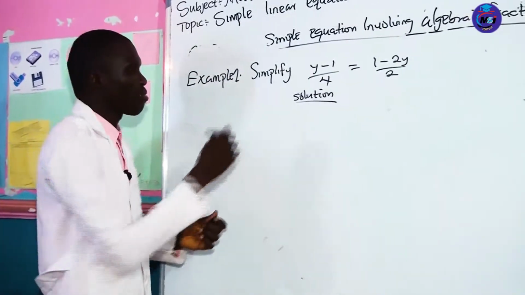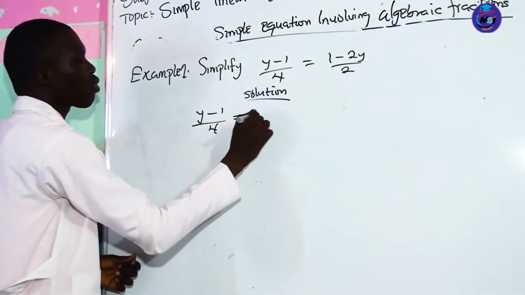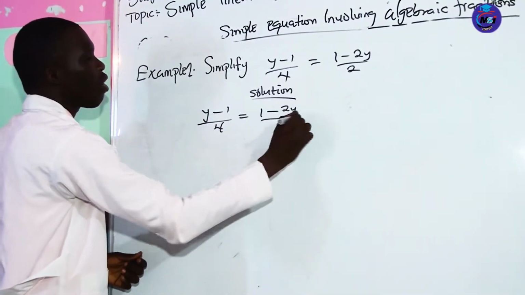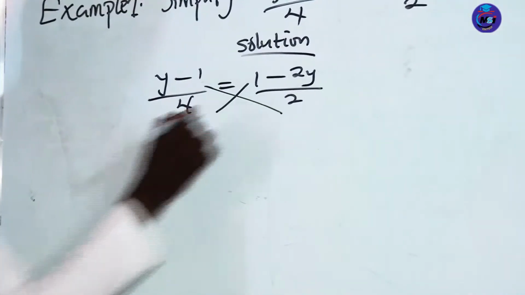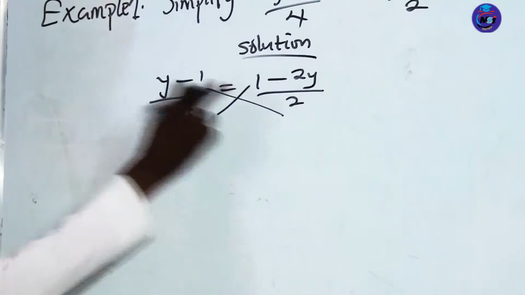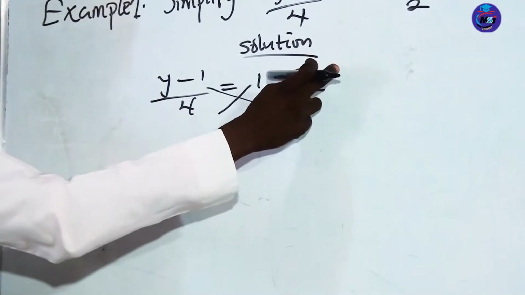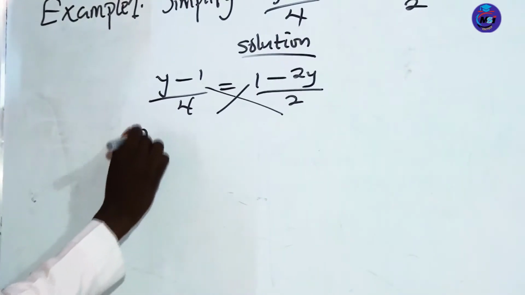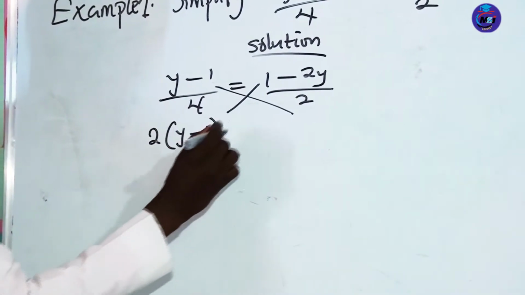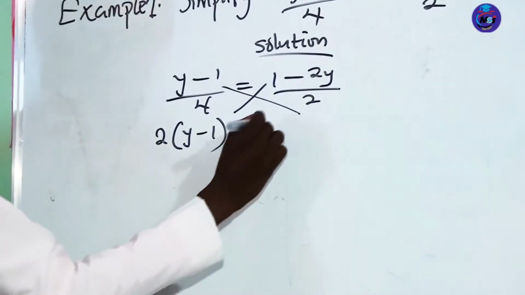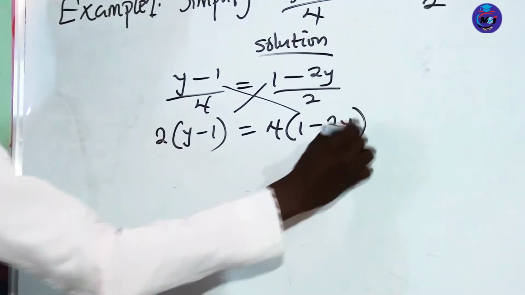When you cross multiply, this 2 will multiply this, and this 4 will multiply this. So we have 2 bracket y minus 1 equals to 4 bracket 1 minus 2y.